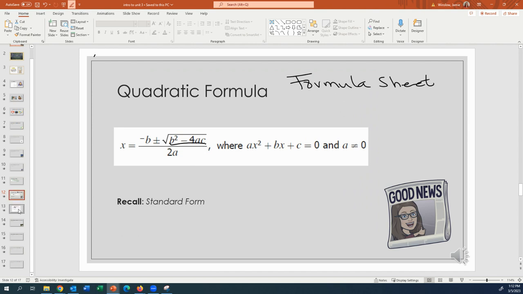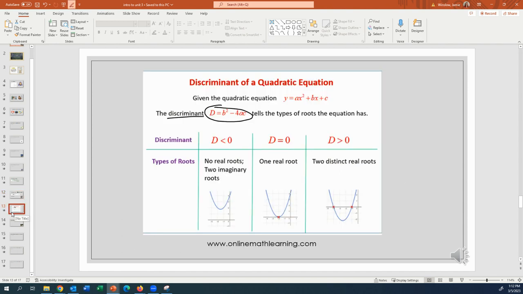This part of the quadratic formula is very special because it will help us determine the type of roots, or solutions, or intercepts a polynomial will have. If we plug in a, b, and c and the discriminant is less than 0, so it's negative, that means there are no real roots, which means the graph doesn't touch or cross the x-axis at all.